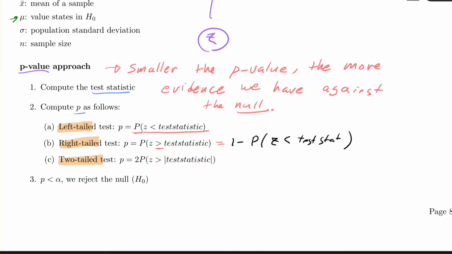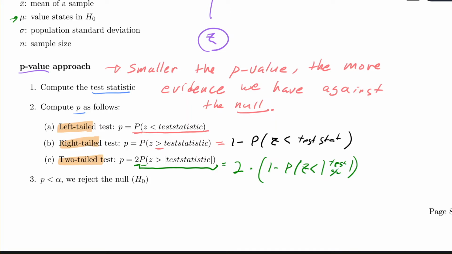Now for two tails, we have to do 2 times the probability of z greater than the absolute value of the test statistic. So if the test statistic is a negative value, we have to take the absolute value. The probability of z greater than the absolute value of the test statistic is the same as 1 minus the probability of z less than the absolute value of the test statistic.